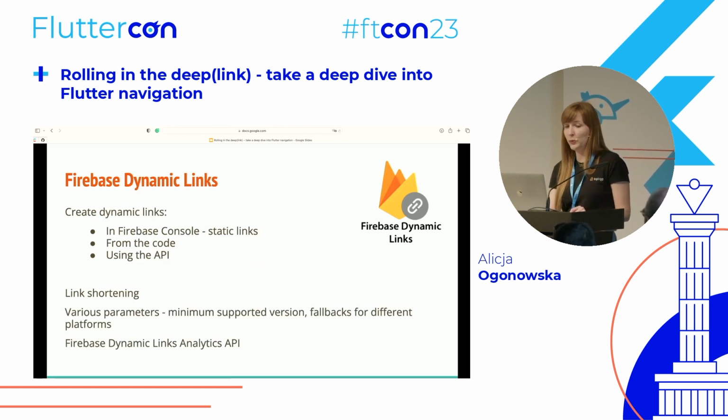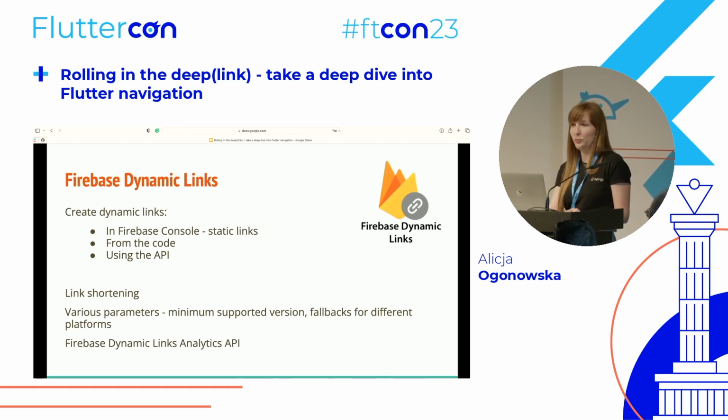You can easily create links either in the console, so then it's more of static links, but you can also do that from the code or from the API that they provide. You can make the links shorter programmatically, so the users are not terrified. You can also include various parameters in those links, for example, minimum supported versions.